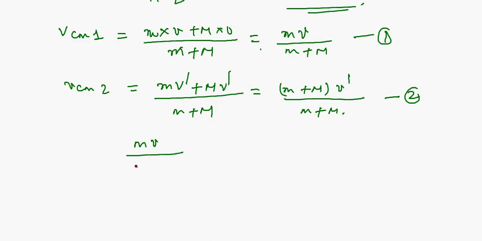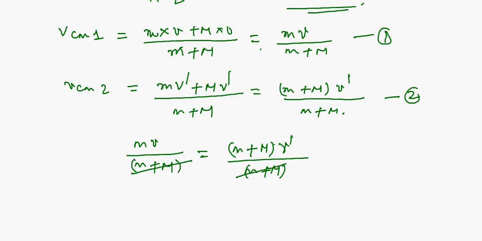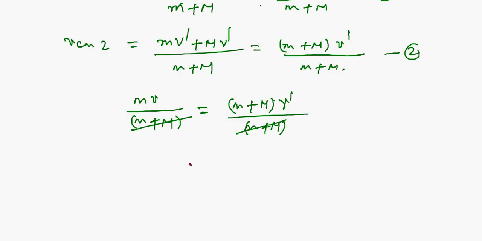So mv by (m plus M) is equal to (m plus M) into v prime divided by (m plus M). Cancelling (m plus M), we get v prime is equal to mv by (m plus M).